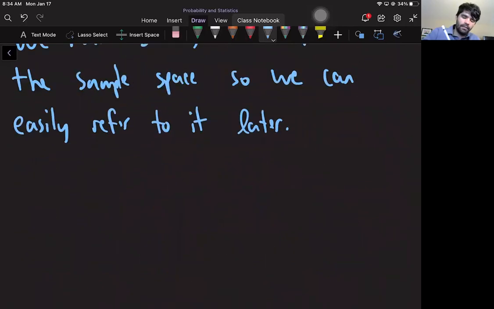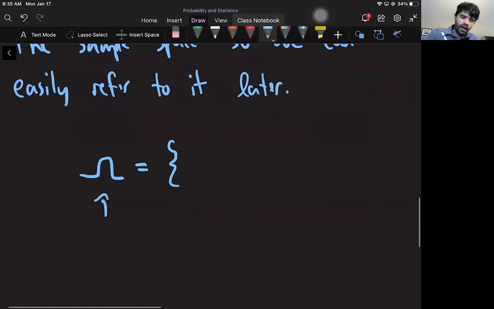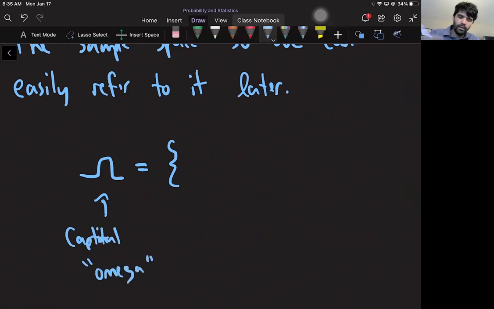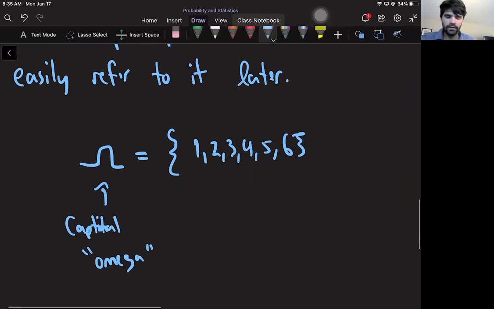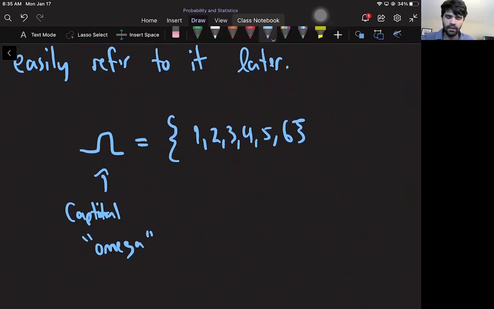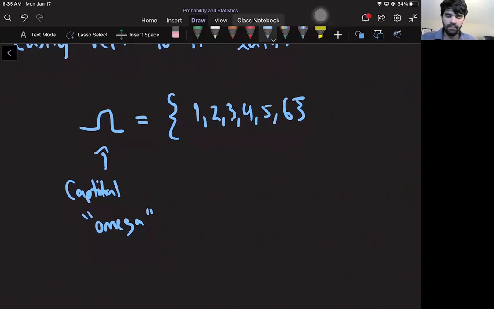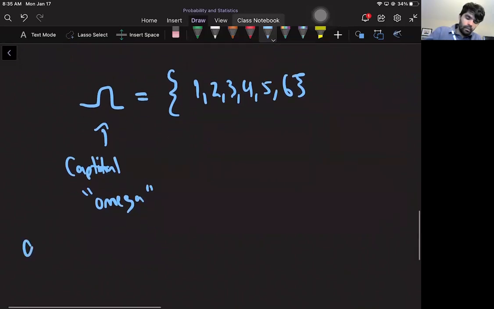So what we do is we name it by writing that it equals something. And typically we're going to use omega. This is a capital omega. And you just say it equals the set to say that you're naming it that. So we've named the sample space omega so that I can refer to the sample space more easily without having to write down all the numbers every single time.